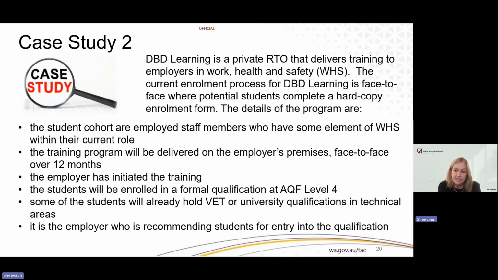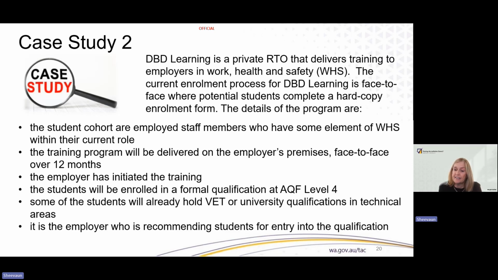The employers initiated the training. Okay, so I probably would do a bit more investigation around why this is happening. The qualification is going to be AQF level 4, which is really useful in terms of understanding the Australian Core Skills Framework against units of competence contained within AQF level 4 qualifications. Some of the students already hold VET or university qualifications.